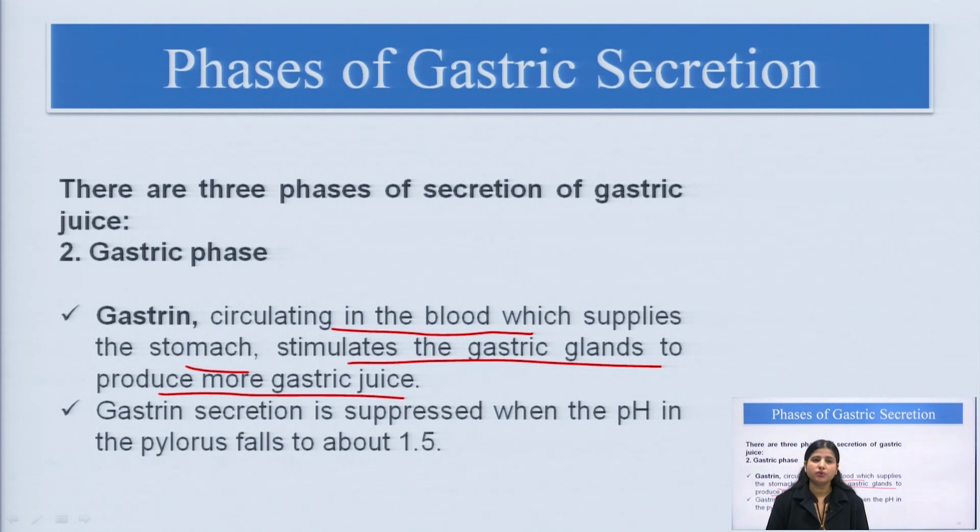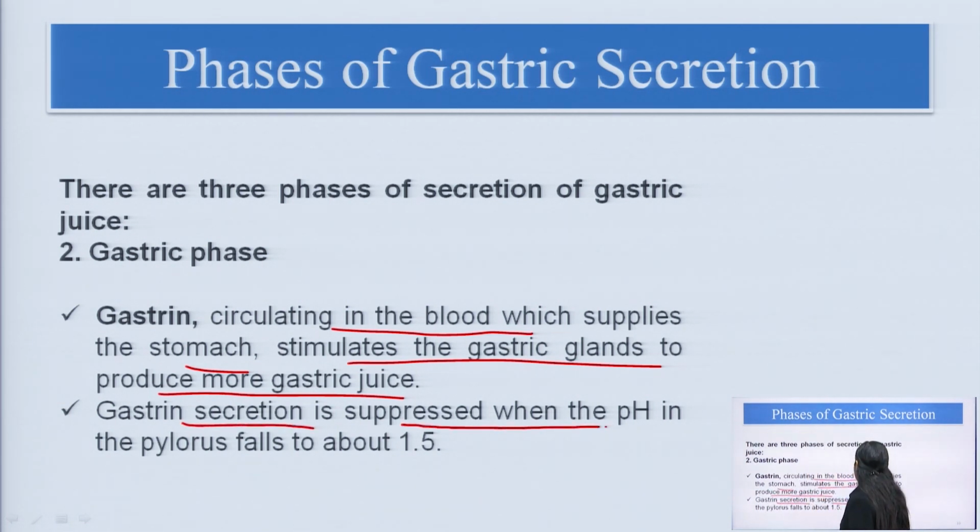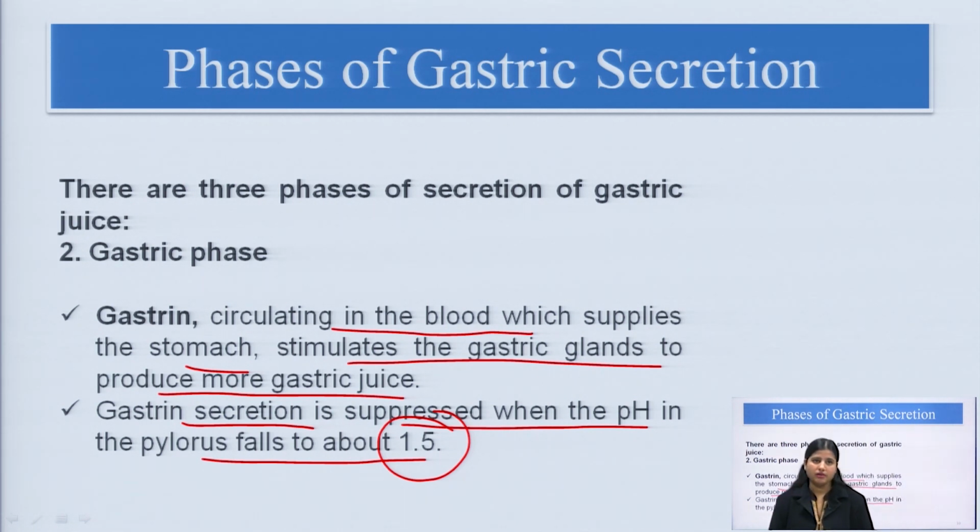This is only due to the enteroendocrine cells releasing gastrin, which stimulates the production of more gastric juice. Now, gastrin secretion is suppressed when the pH in the pylorus falls to nearly 1.5.